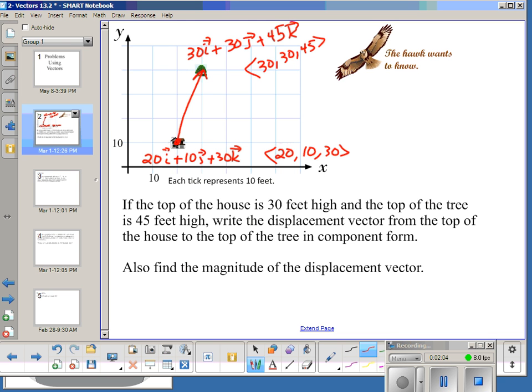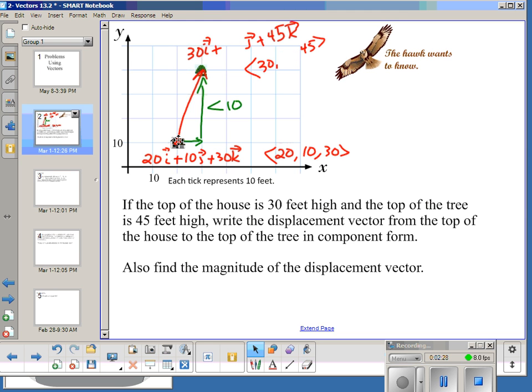And what we want is the displacement vector, which is really what would you add to 20, 10, 30 to get 30, 30, 45? And the answer is, in the x direction, this right here, that's 10. And in the y direction, that's going to be, oh, 10, 20, 30, 40. Oops, that's a 40, not a 30.